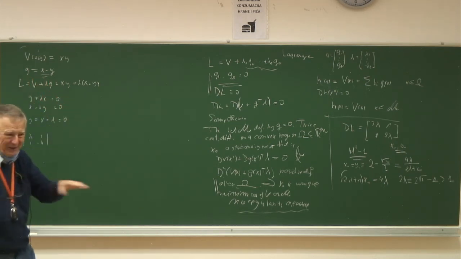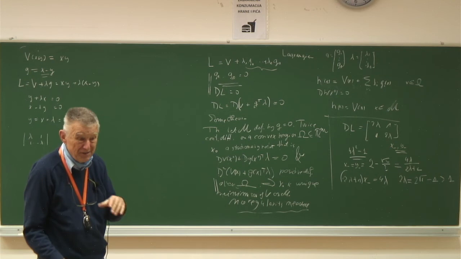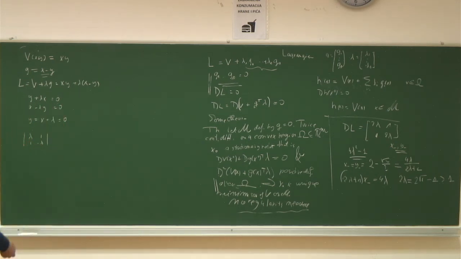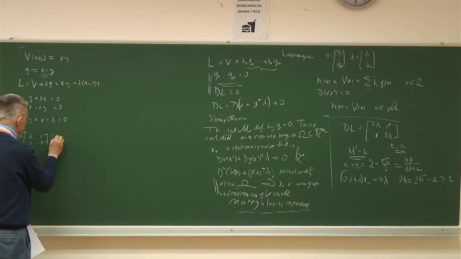See, the tangent manifold is the constraint itself. So if you now take this matrix on the vectors from the tangent space, what are they? They have the same components.